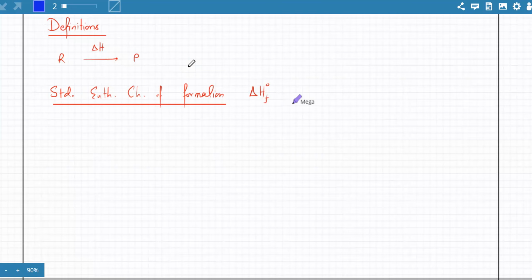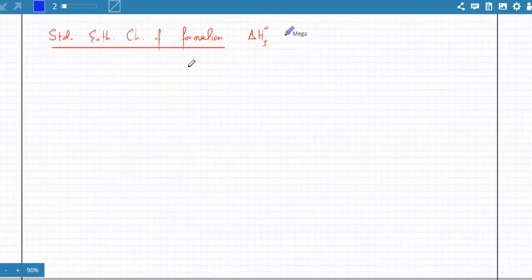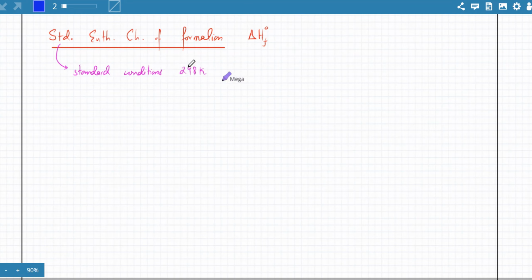That circle indicates that the energy change is measured under standard conditions. So whenever the word standard is written, that means whatever calculations you're making are happening under standard conditions. What are standard conditions? That's 298 kelvins, which is basically 25 degrees centigrade, room temperature.